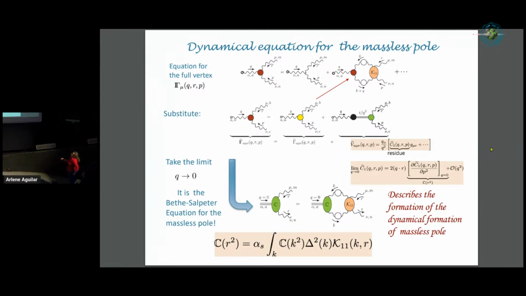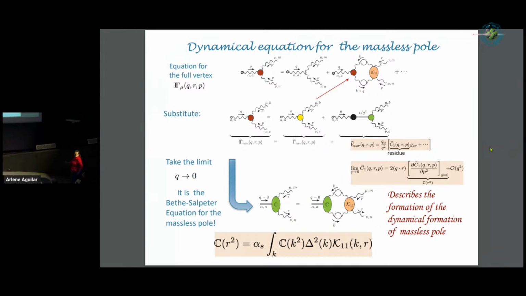So I come here and I replace the part without pole and the part with pole. And for the part with pole, I have a Bethe-Salpeter equation that governs the creation of this massless pole. So this is the equation that describes the formation of this C-fat, that is, the formation of this massless pole.